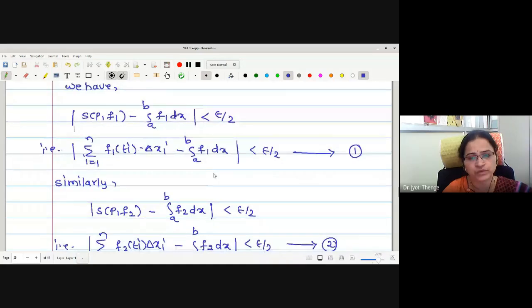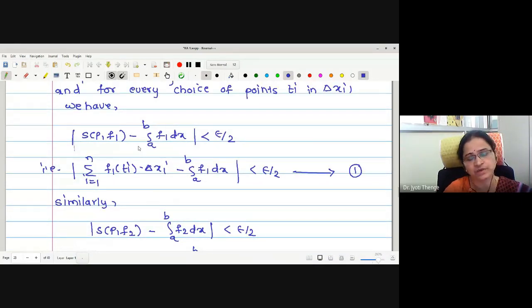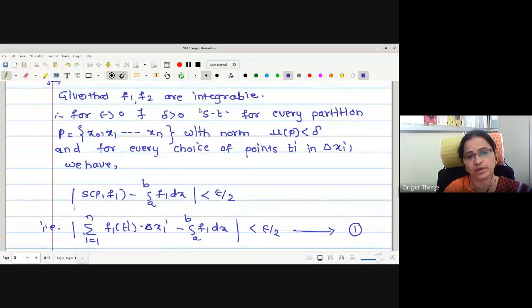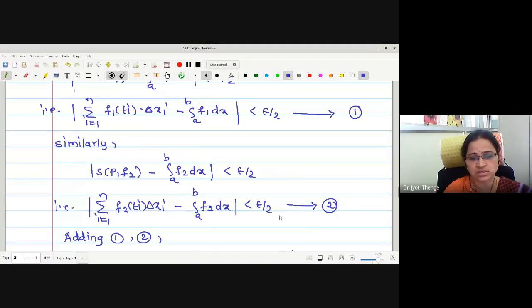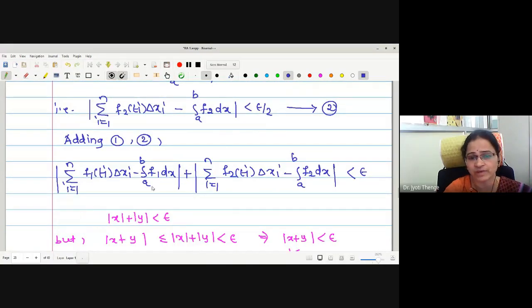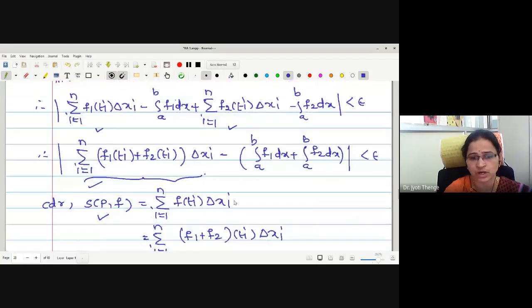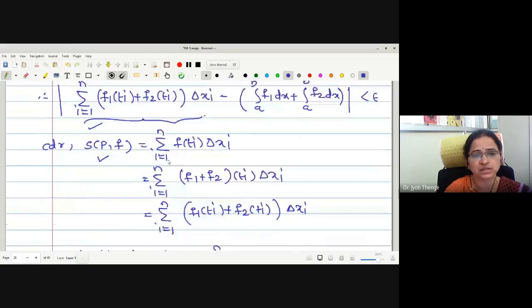What we have done, let me just recall. First we have written the definitions of integrability for F1, F2 by the second definition, the Riemann sum definition. So this is equation number 1, this is equation number 2. We have added both the equations to get this, where the first sum F1 Ti plus F2 Ti is nothing but summation F of Ti.